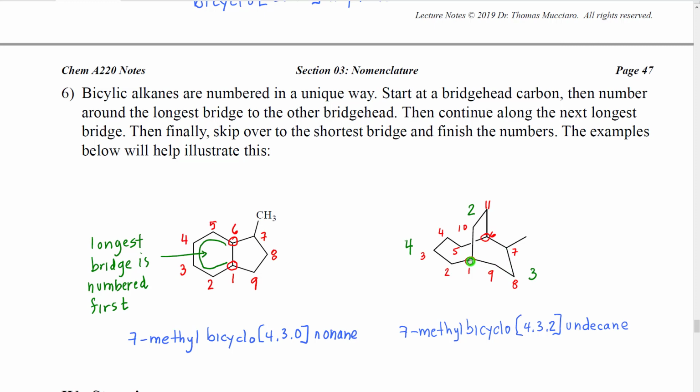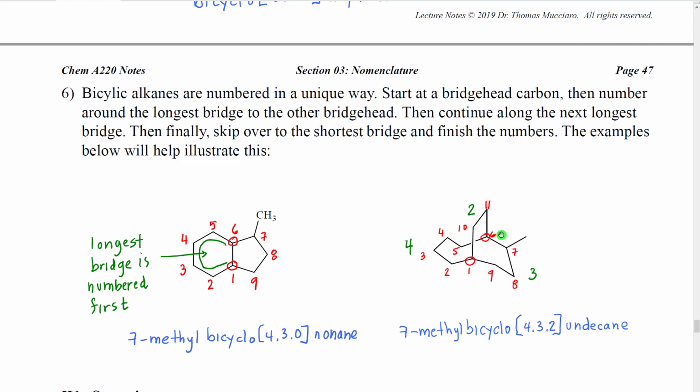That's going to get us back to our initial carbon 1. We're then going to jump to the third bridge, 10 and 11. So again, because of where I placed the methyl group, I started counting from the bridgehead farthest away, so I could go around the longest bridge, get to 6, and then it would be at 7. That way it would be at the lowest number possible.